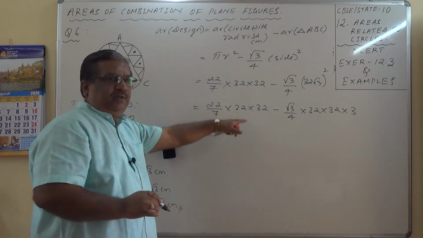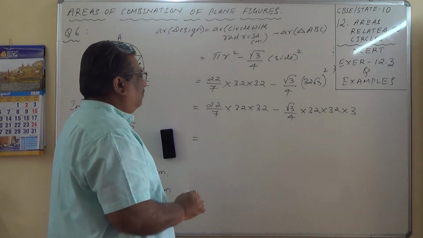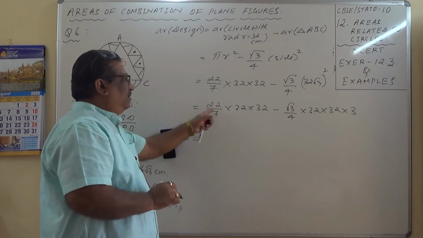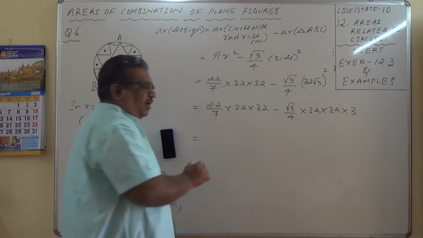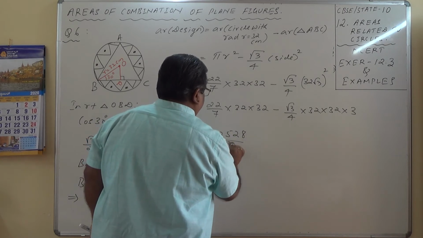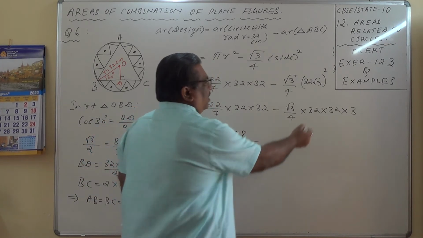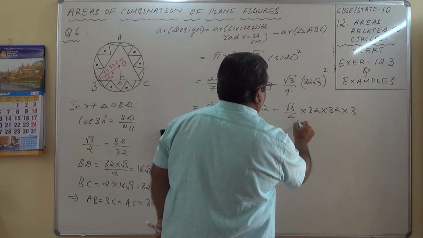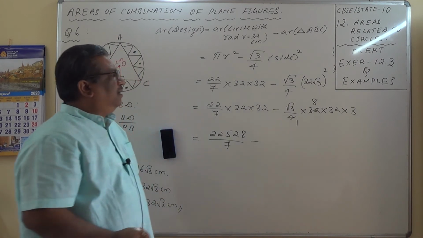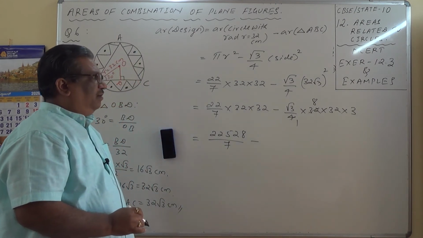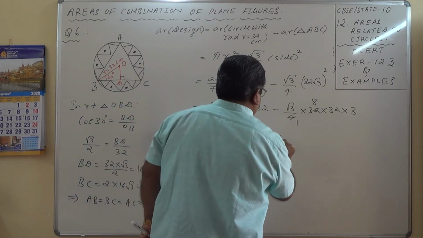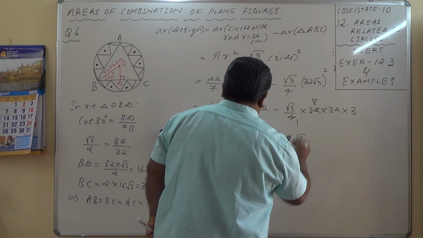Which is equal to, how much are you getting? 22 into 32 into 32 is 22528, divided by 7, minus 4 ones are 4, 8s are 8 into 32 into 3, which is 768. 768 root 3.